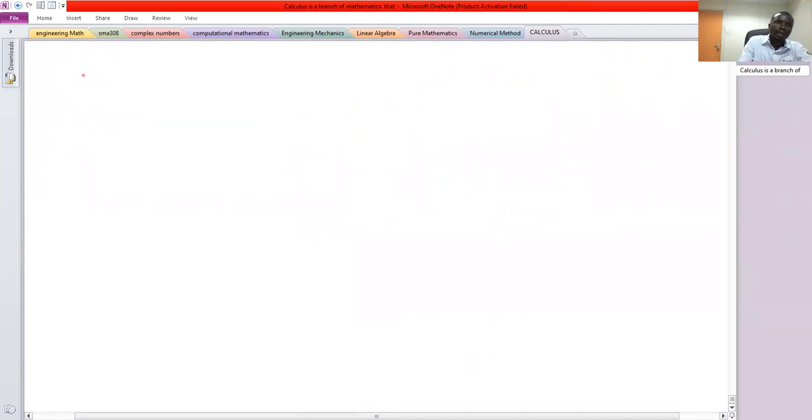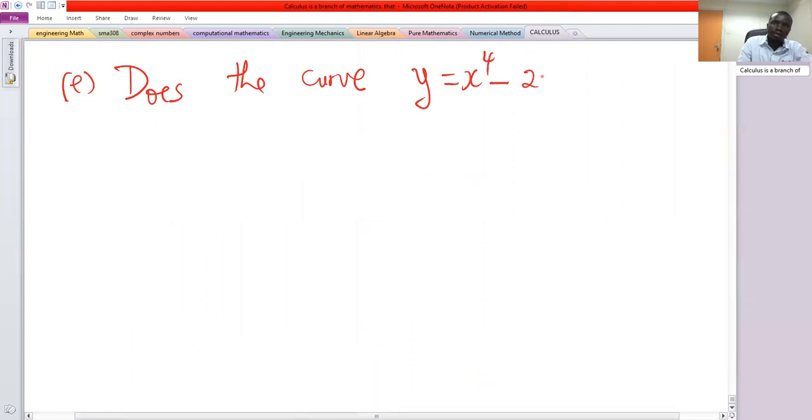Those are the solutions to those four problems. And then finally, e: the question is, does the curve y equals x to the power 4 minus 2x squared plus 2 have any horizontal tangents?